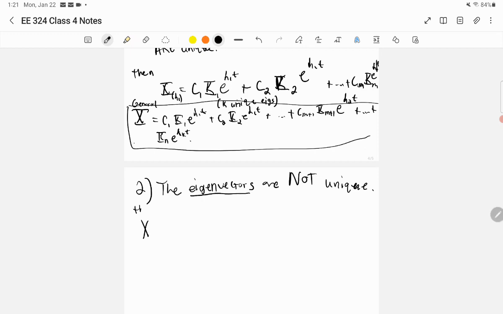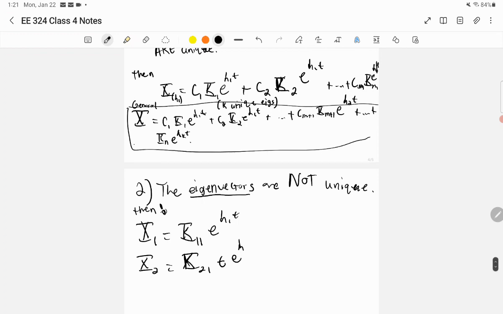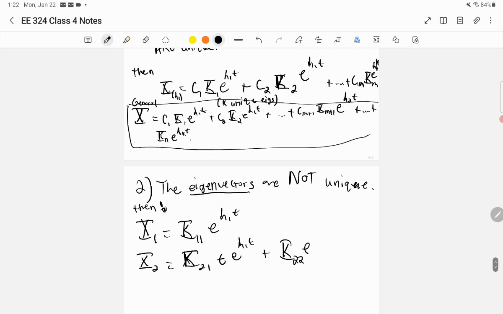We will have something that looks like this. x1 is equal to k11 e to the lambda 1 t. x2 is equal to, sorry, k21 times t e to the lambda 1 t plus k22 e to the lambda 1 t.